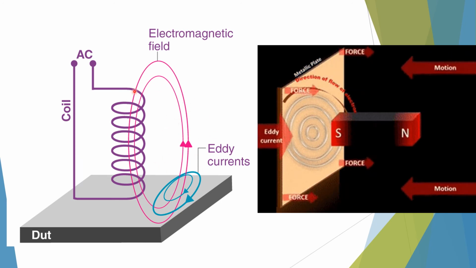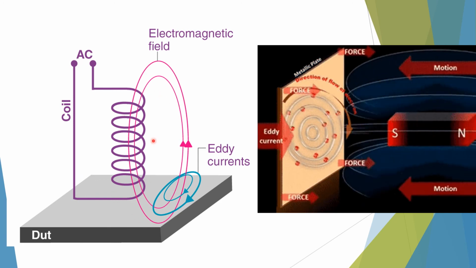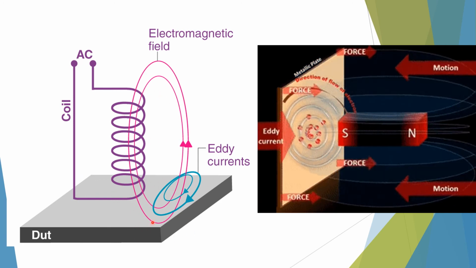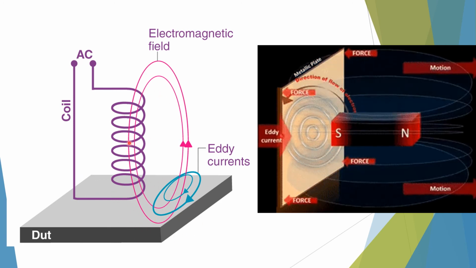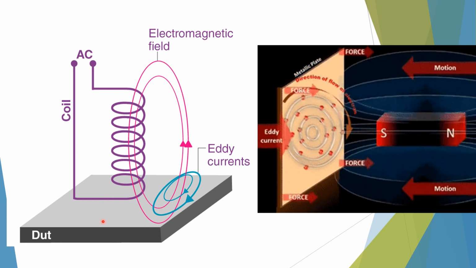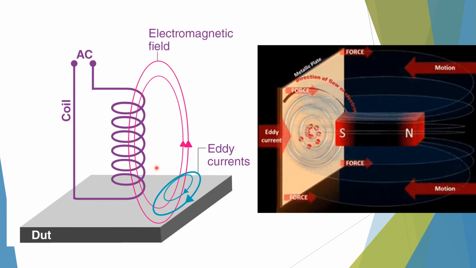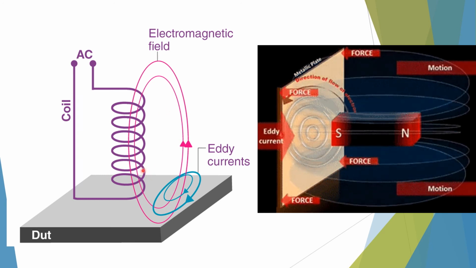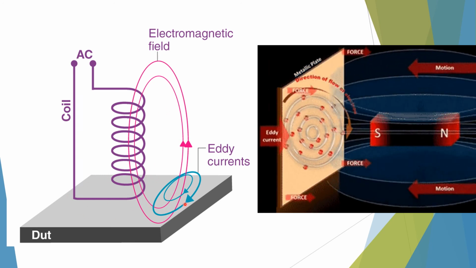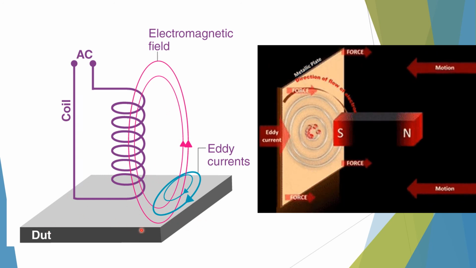Due to this change in flux, eddy current is generated in this conductor because this flux is passing through this conductor, and this flux is changing continuously. Due to change in this flux through this conductor, there will be eddy currents produced in this conductor.